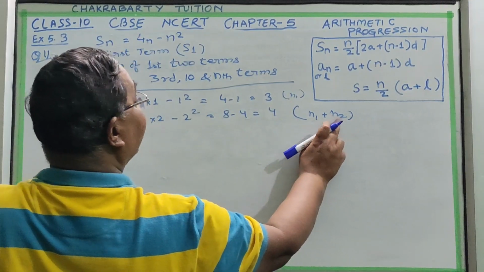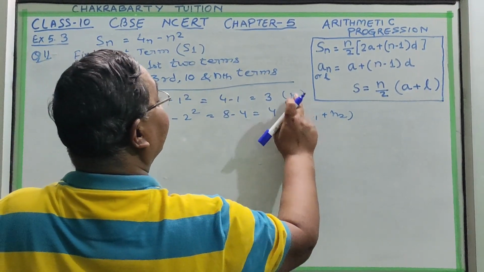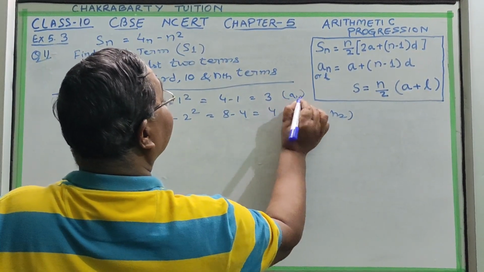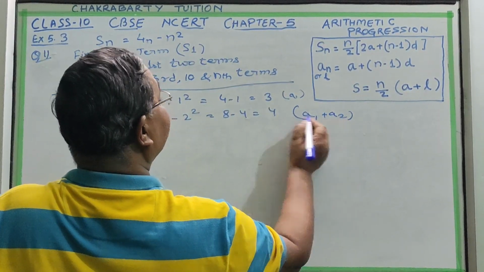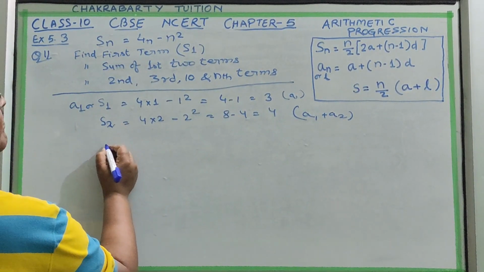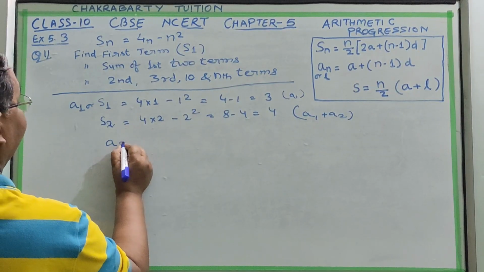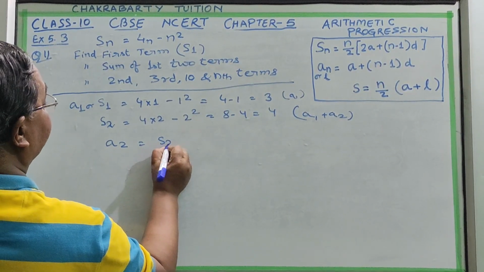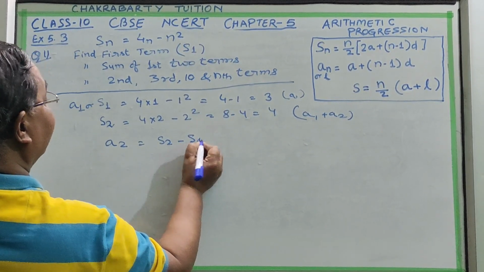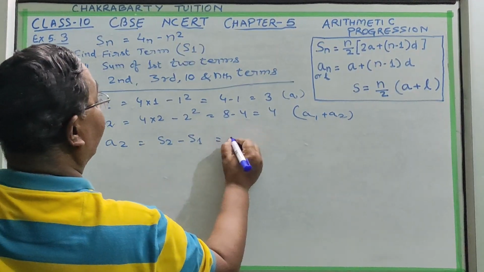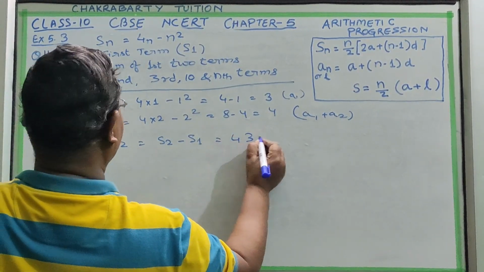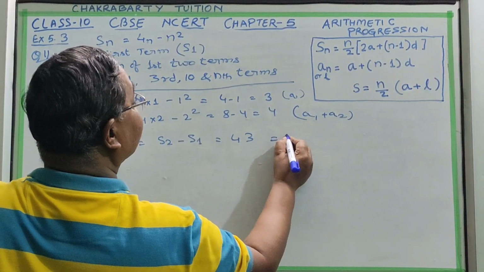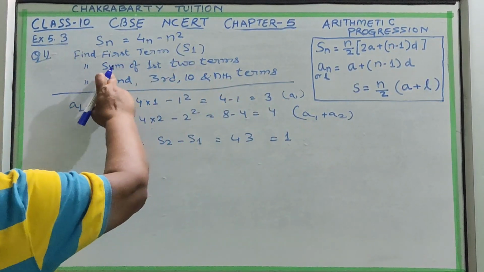So a2 we can find out. a1 is this, a1 plus a2 is equal to 4. So a2 is equal to sum of 2 minus sum of 1. Sum of 2 is 4 and sum of 1 is 3. So a2 is 1.